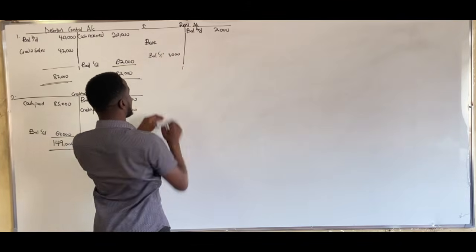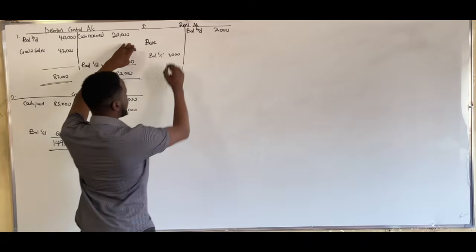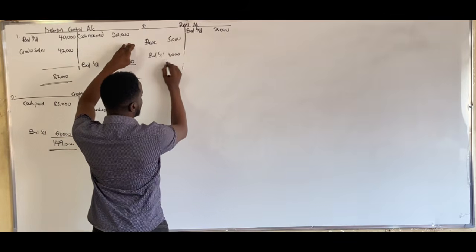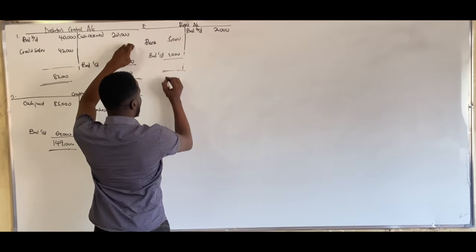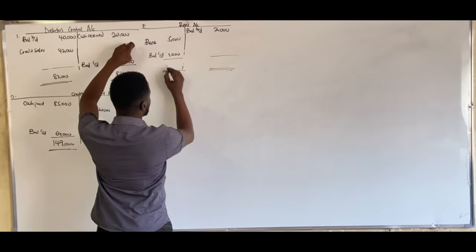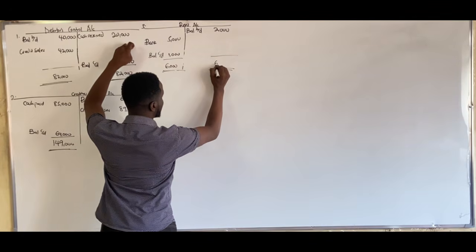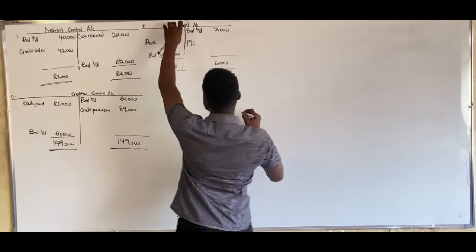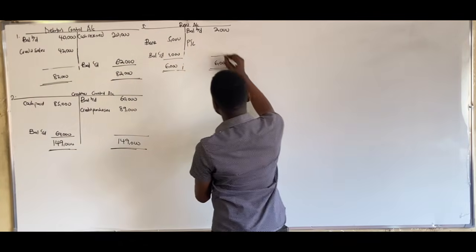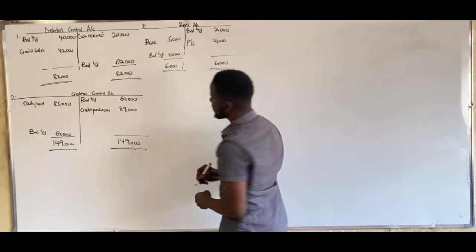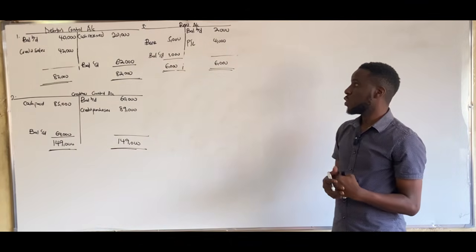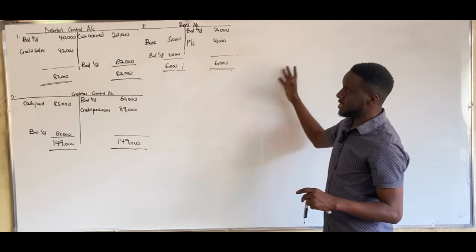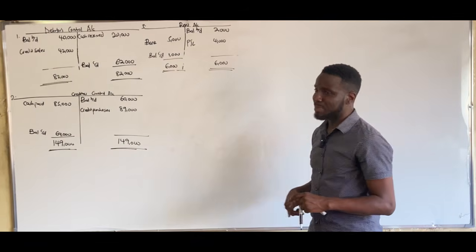I'm putting bank because it was paid by check, and it's 5,000, meaning that I'm going to get the totals here. So I'll get 6,000, and therefore my profit and loss, the rent expense I'm taking to profit and loss, will be 4,000. That's how the question goes. So it means that we are done with the third step as well.